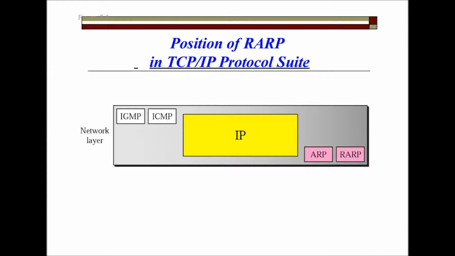So here you can see the network layer of the OSI reference model. You know that this OSI logical model contains 7 layers, and here you can see the network layer. The network layer is used for transmission of data on the internet, and you can see IP here, Internet Protocol.